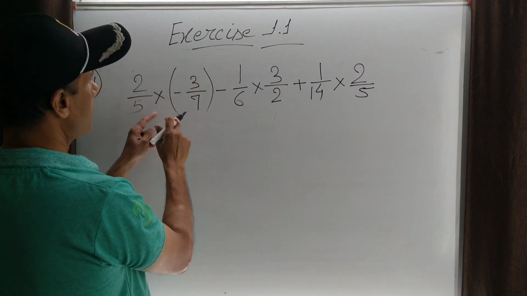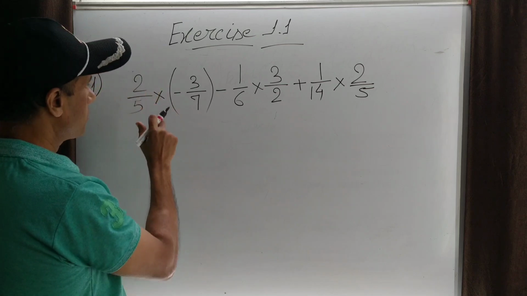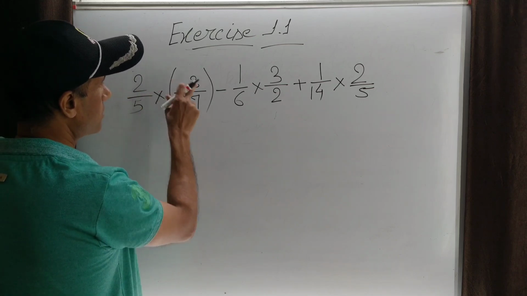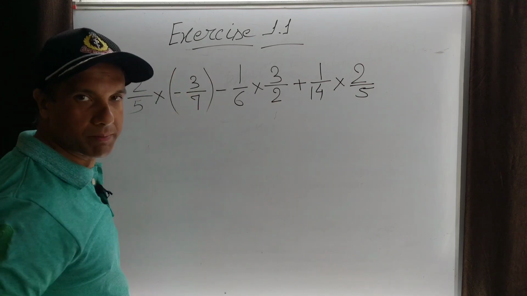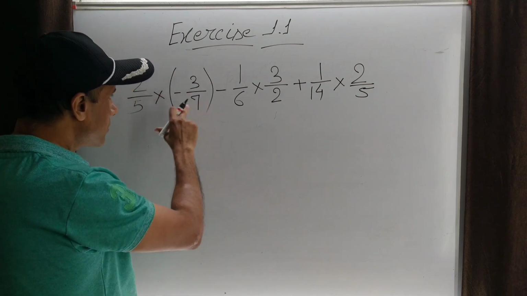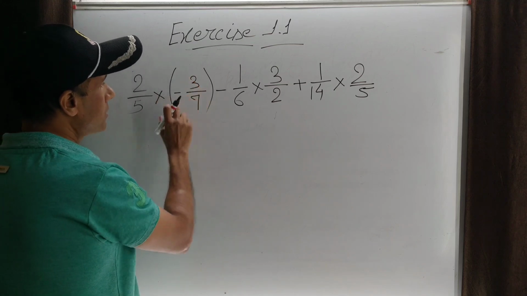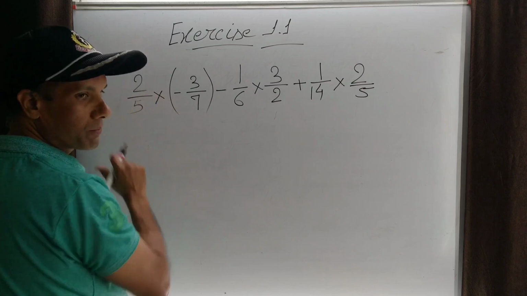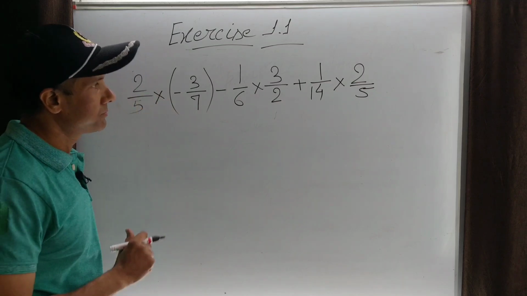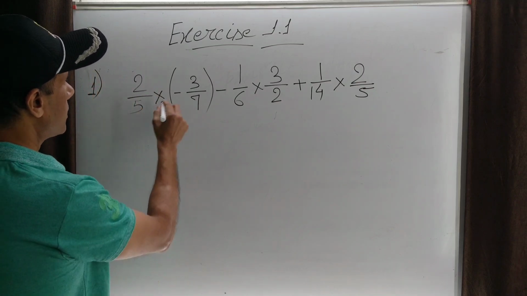Where you can go into confusion is that this number is actually 2 by 5 multiplied by minus 3 by 7. So this is basically a negative rational number, and this is the operation, correct? So let's start here.